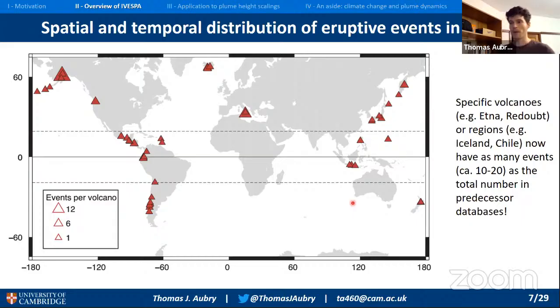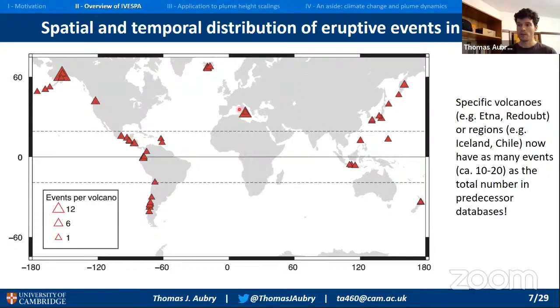So just starting with a map of the volcanoes that contributed events to the database. On this map, the larger the triangle, the more events the volcano contributed. So you can see we have 2 large contributors. We have Mount Etna here and another here. But overall, we have volcanoes that really cover all latitudes, which is interesting for atmospheric conditions in particular.